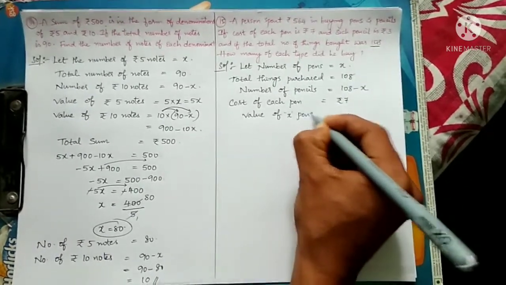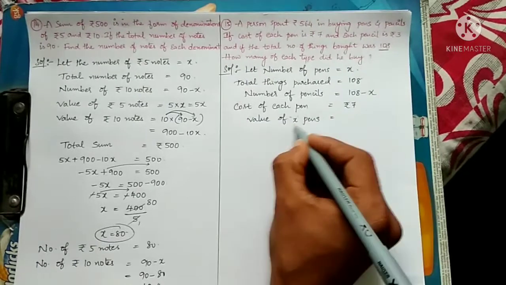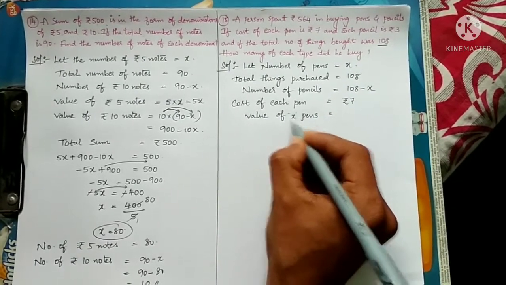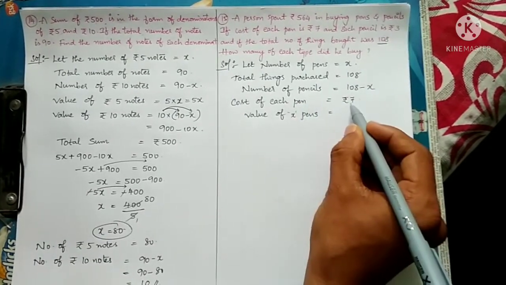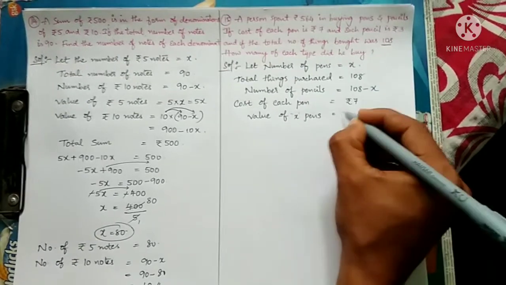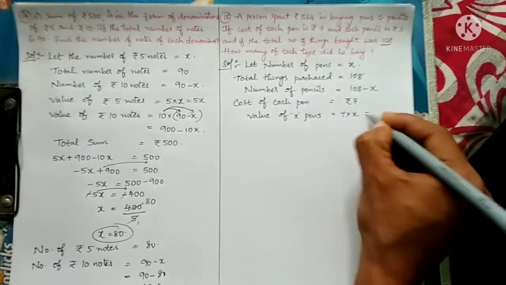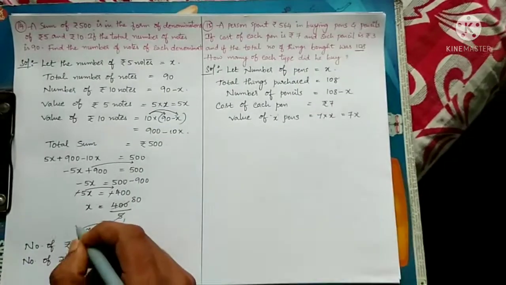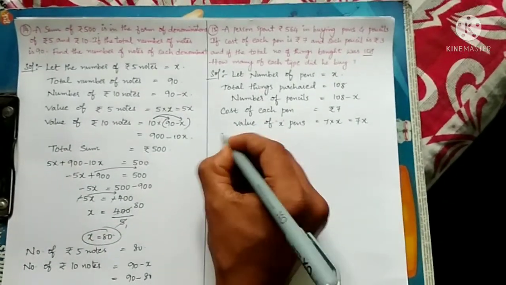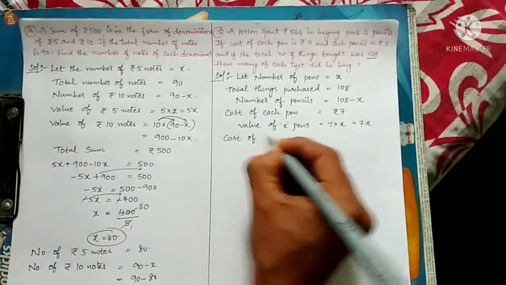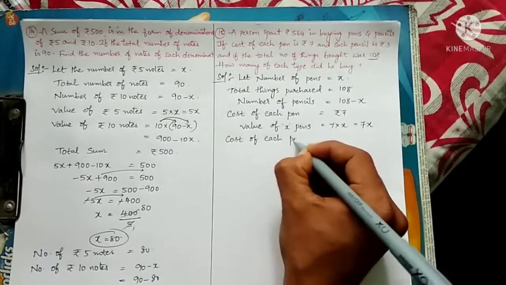Value of x pens is equal to, how many pens have I purchased? x, and each pen costs 7. That means 7 into x is 7x.